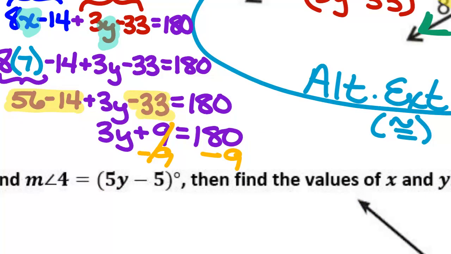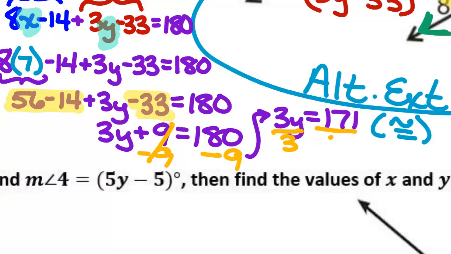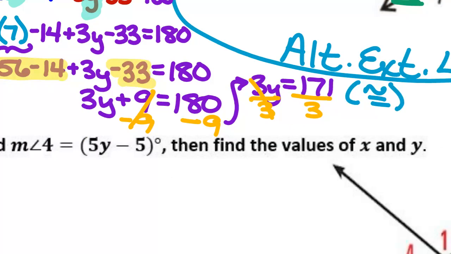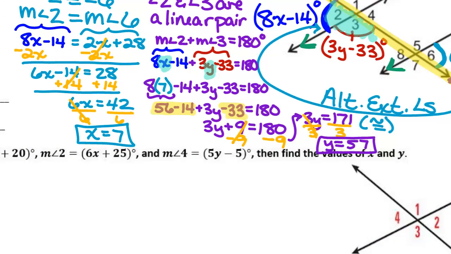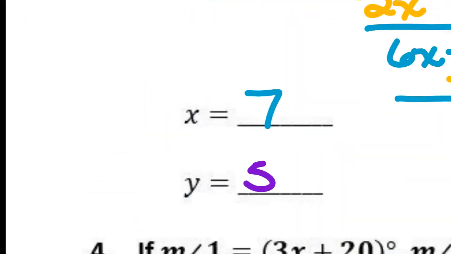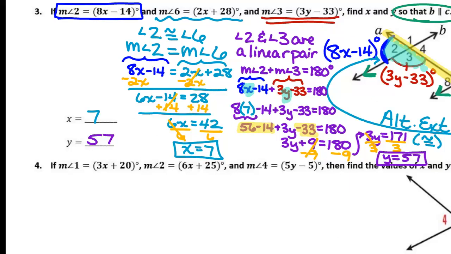What is 180 minus 9? 171. So 3y is equal to 171. We divide both sides by 3. And y is, I'm sorry, how much? 57. So 7 for x and 57 for y.